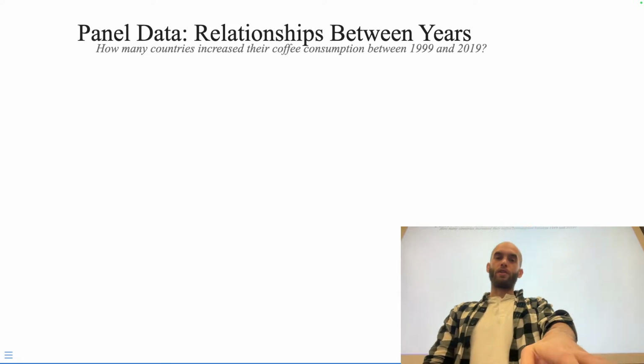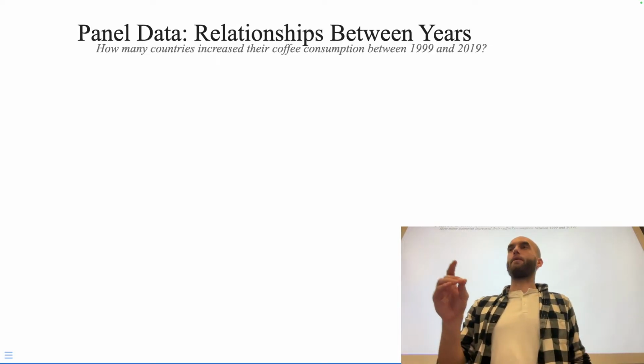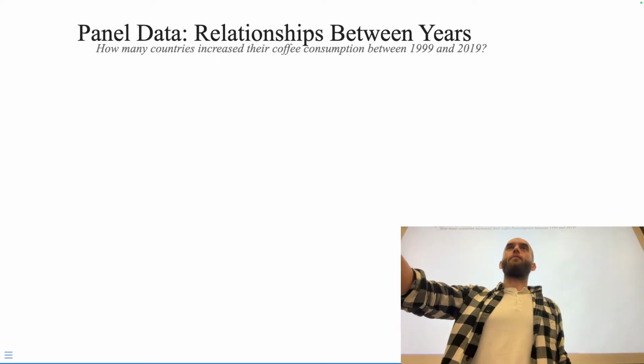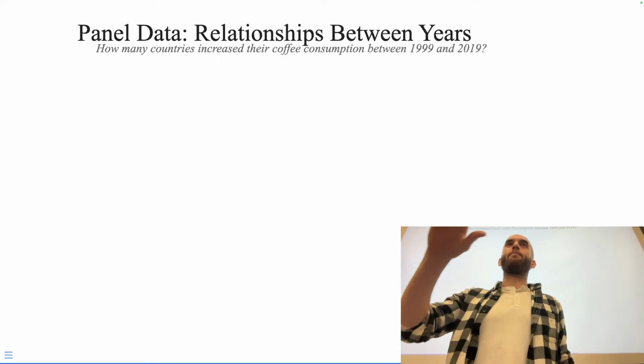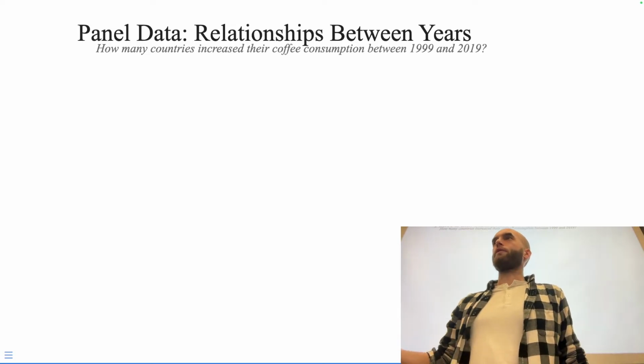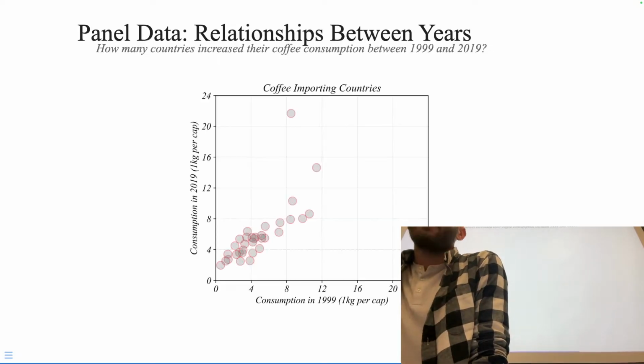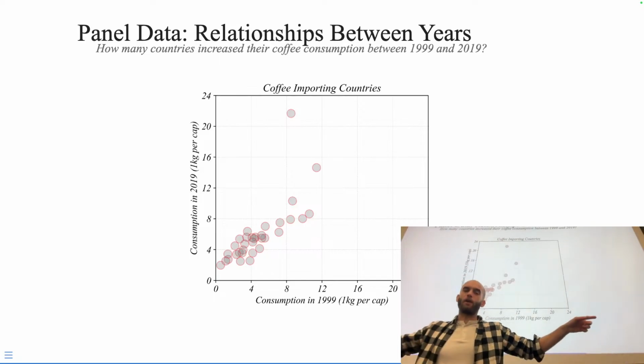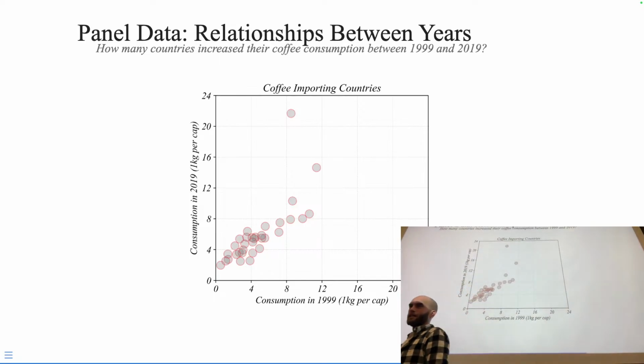This is the original question I was asking you. How many countries increase their coffee consumption per capita? And just as a refresher from 30 seconds ago, we could measure changes and then plot the histogram representing the distribution of the changes. But I'm going to use a scatter plot. On the horizontal axis, I'm going to plot the coffee consumption per capita in 1999.